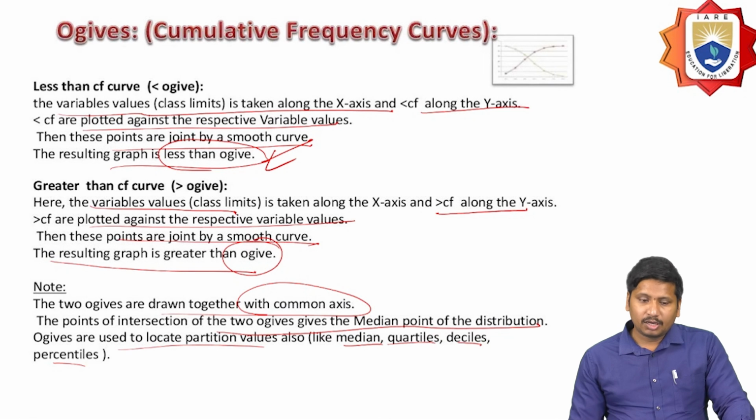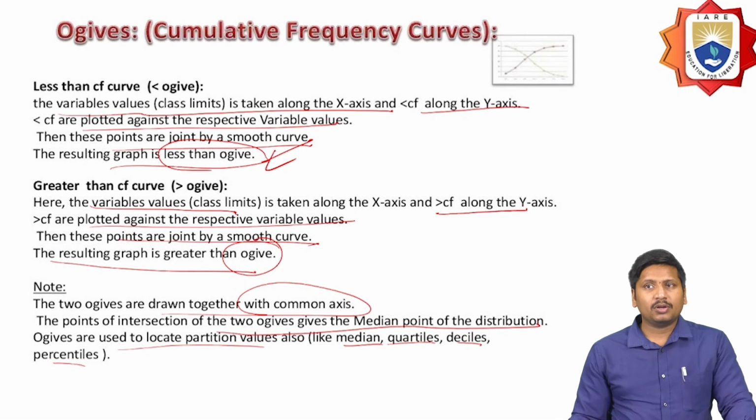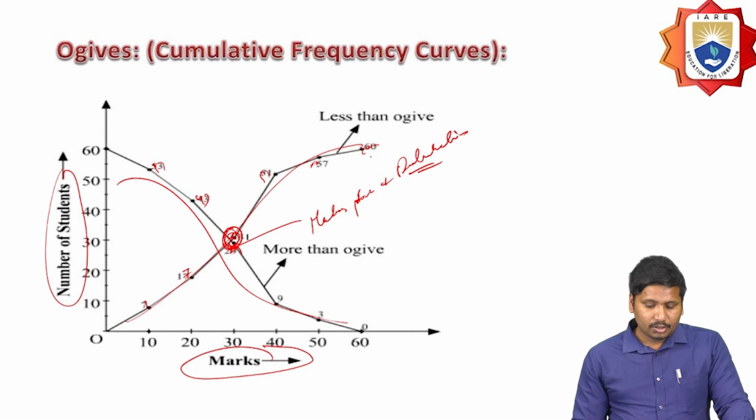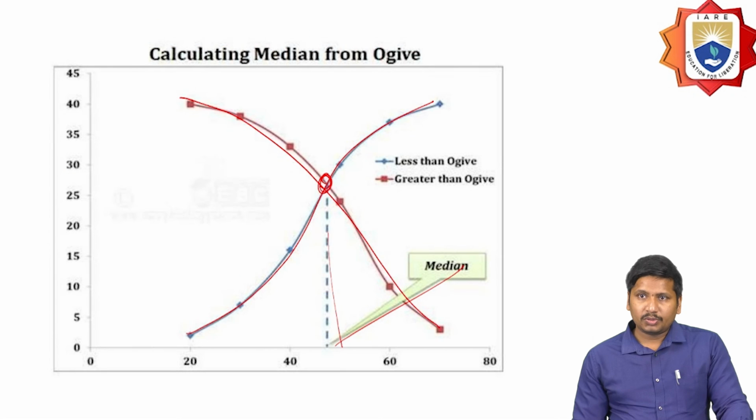For the less than curve, the class limits are taken on the x-axis and the cumulative frequency on the y-axis, and the less than CFs are plotted. The points are joined by a smooth curve, giving the less than ogive or greater than ogive. The intersection of the two ogives gives the median value.